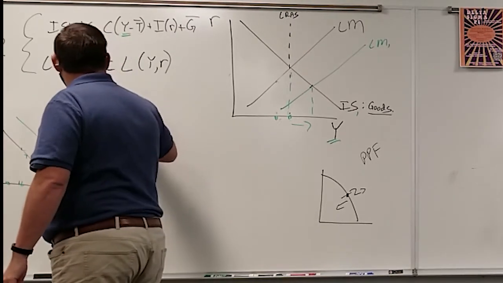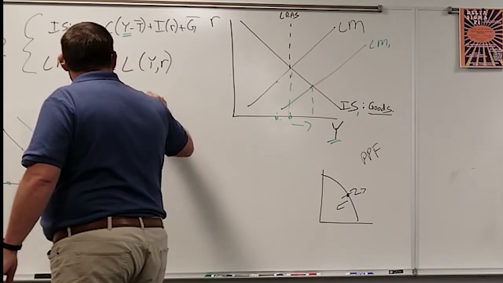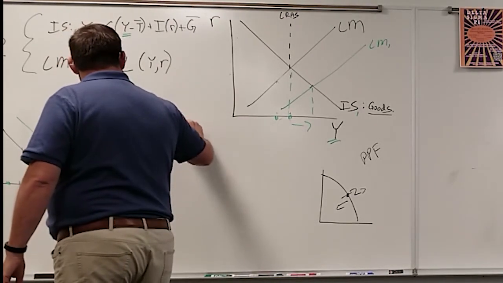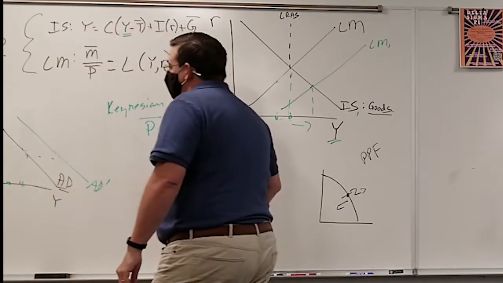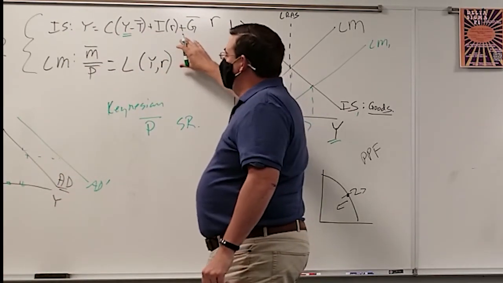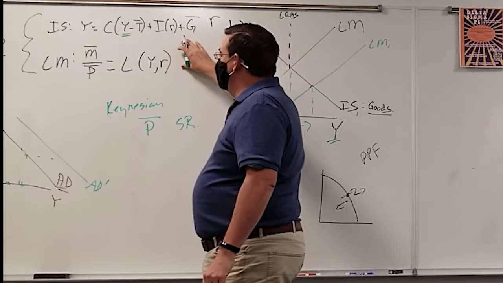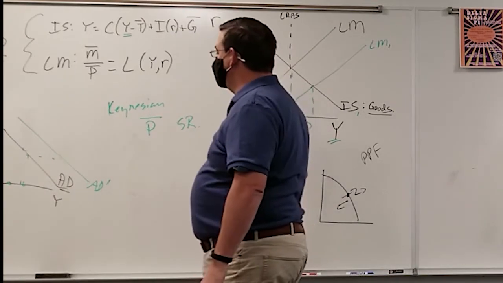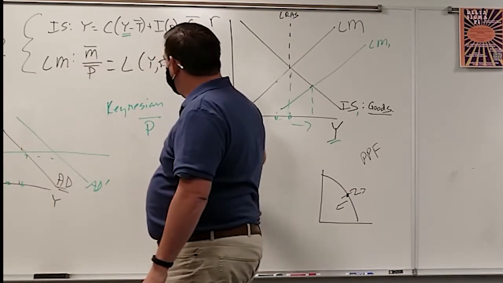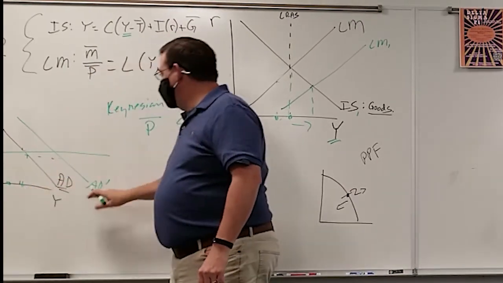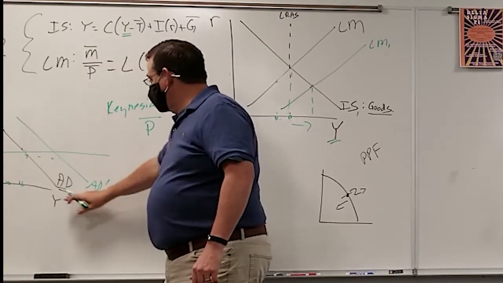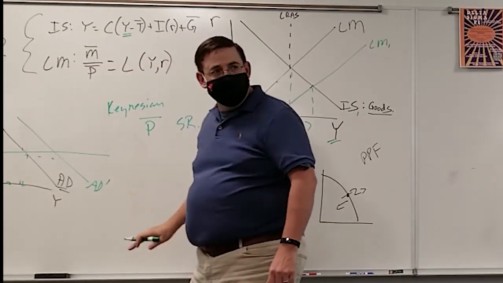So every time we take some sort of a policy action that affects IS or LM, in the short run, we're going to assume that the price level is being held constant and the entire change in output goes only into a leftward or rightward shift of the aggregate demand curve.